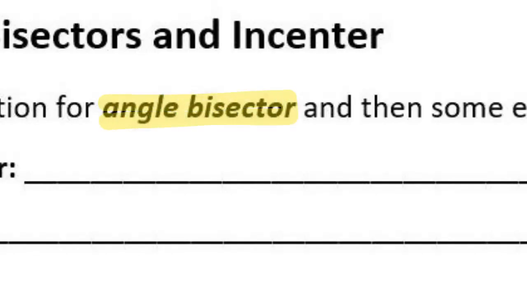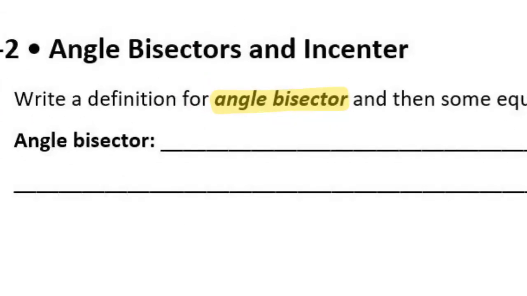Today, we are going to talk about angle bisectors and what we call the place where the three angle bisectors of a triangle intersect each other.